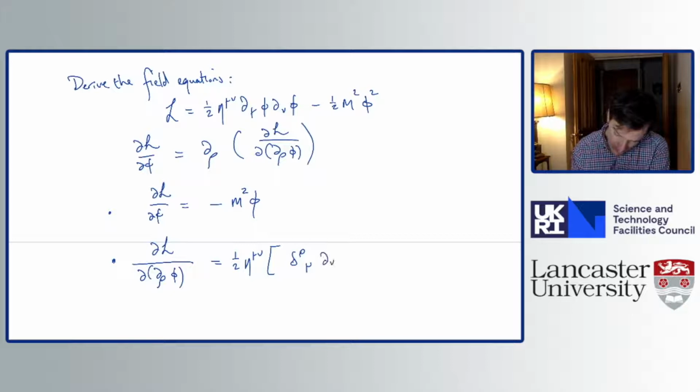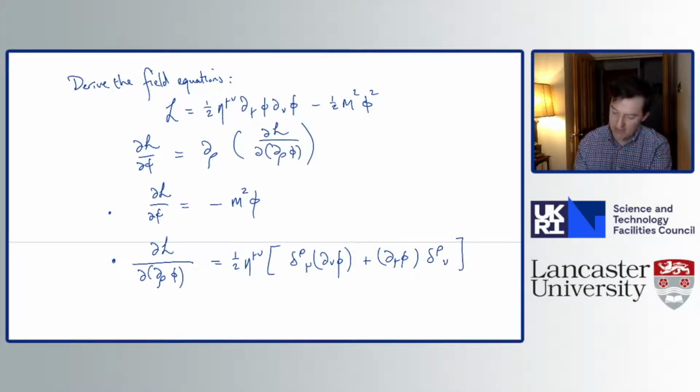We still have the other derivative of the field, using this differentiation rule, doing each term one at a time, and then in the second one we'll get Kronecker delta rho nu. So again, it's 1 if rho is equal to nu, and it's 0 otherwise.